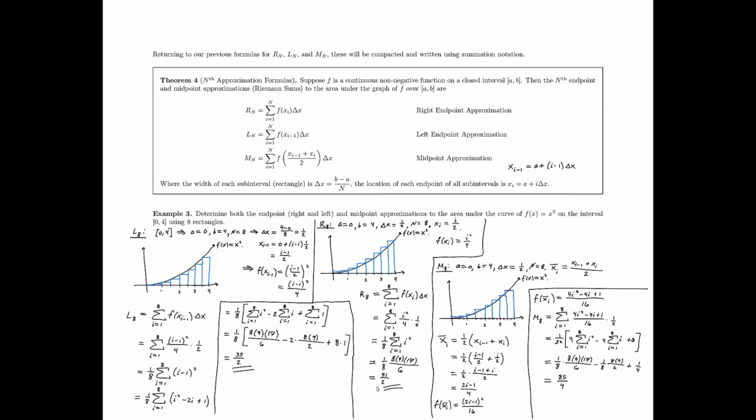And now let's look at this. So that is the midpoint. But let's write these all over the same fraction. So L8, as a fraction, we had L8 was equal to 35 halves. But 35 halves is the same thing as 70 fourths. And R8 we found to be 51 halves.